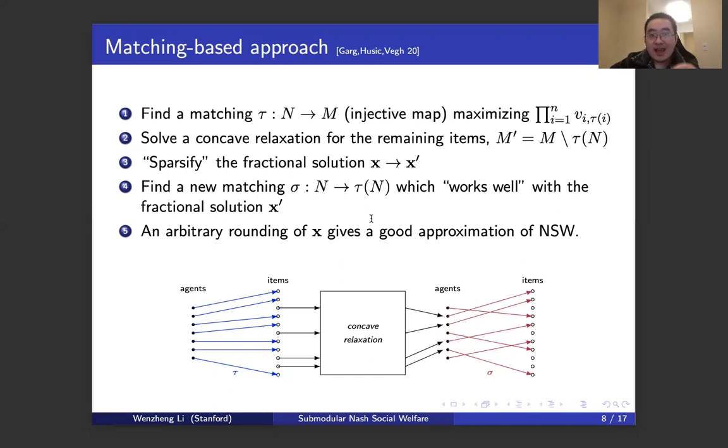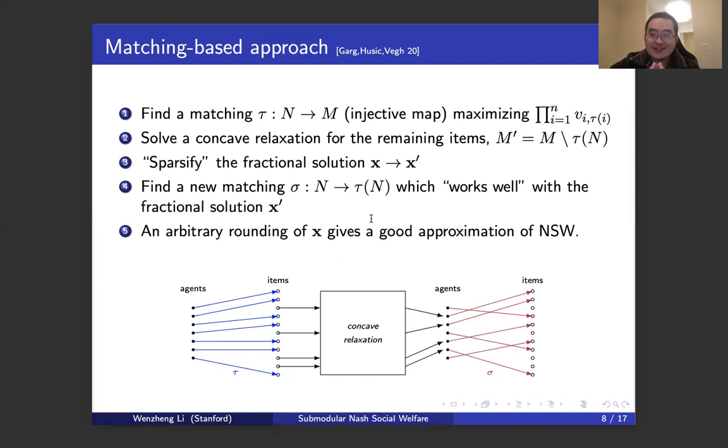Intuitively speaking, items in M prime should be less valuable than the matched items, the high value items in step one. That means if there are only constantly many non-integer items assigned to each agent on average, we will only lose a constant factor even if we just arbitrarily assign those fractional items.